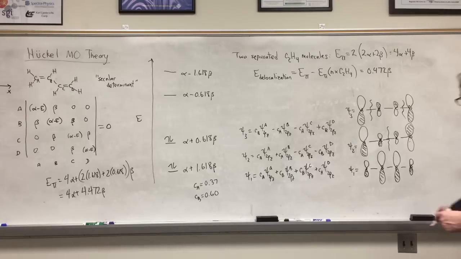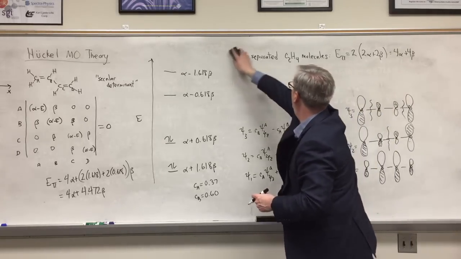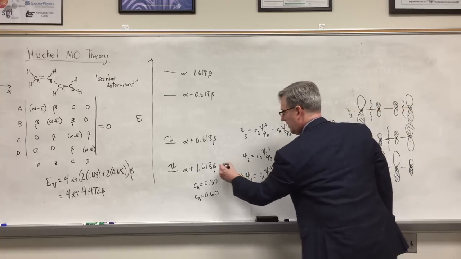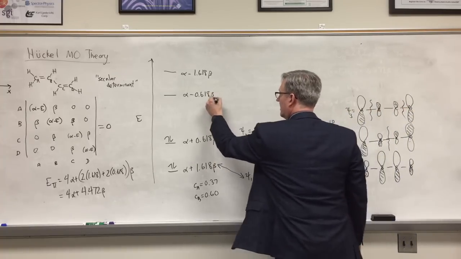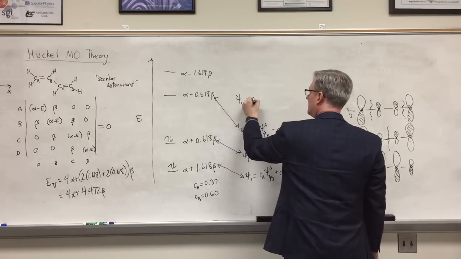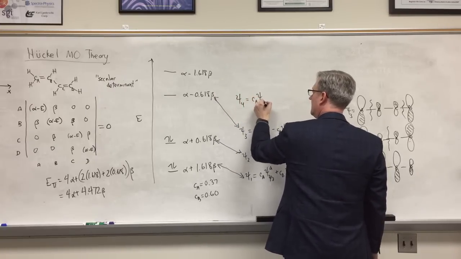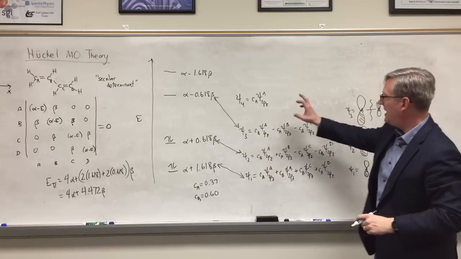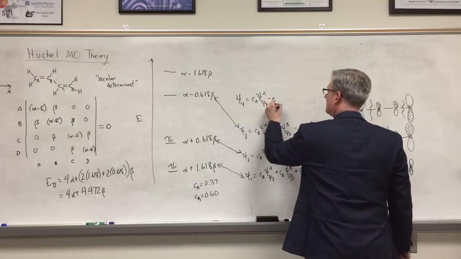You can guess what's going to happen to the fourth MO. I'll give myself a little more room. And again, there's a correspondence in energies here. The fourth MO, psi 4, is going to switch the positions of the coefficients back to what they were to begin with, but now I'm going to alternate signs.